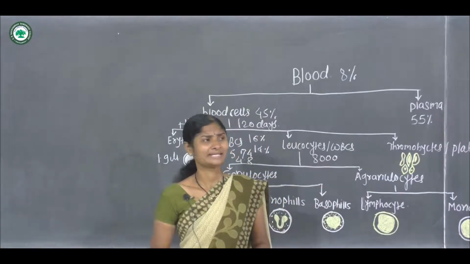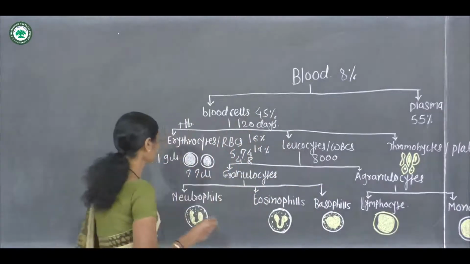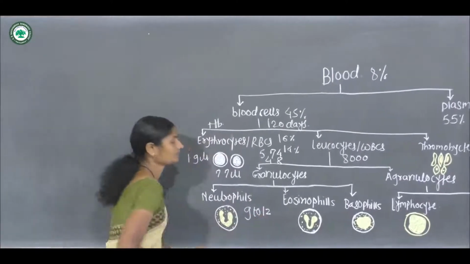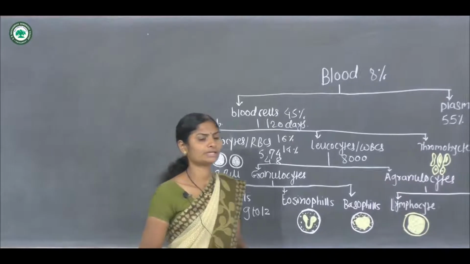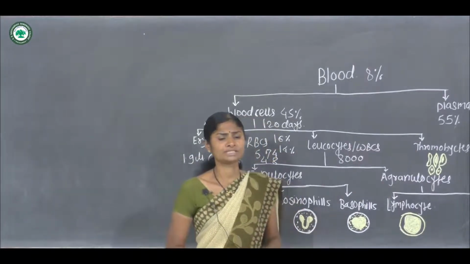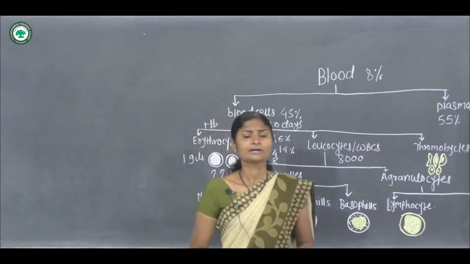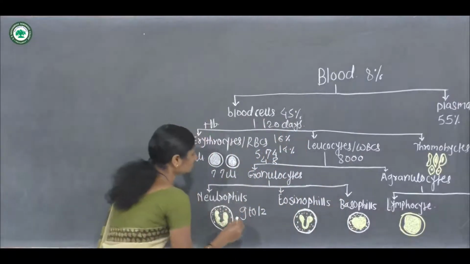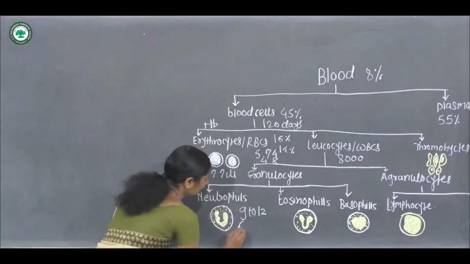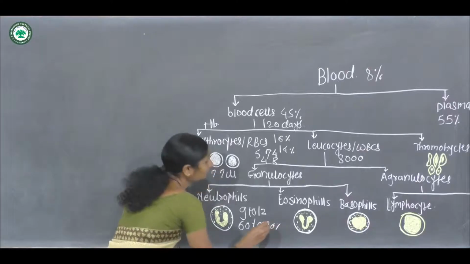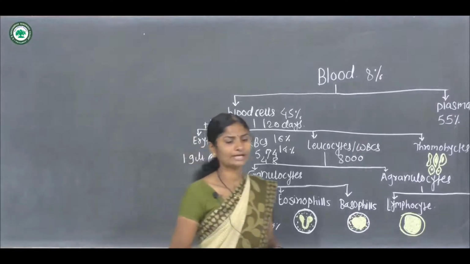Neutrophil size is about 9 to 12 micron, and they are the most numerous of the WBCs, usually constituting about 60 to 70% of the total volume.